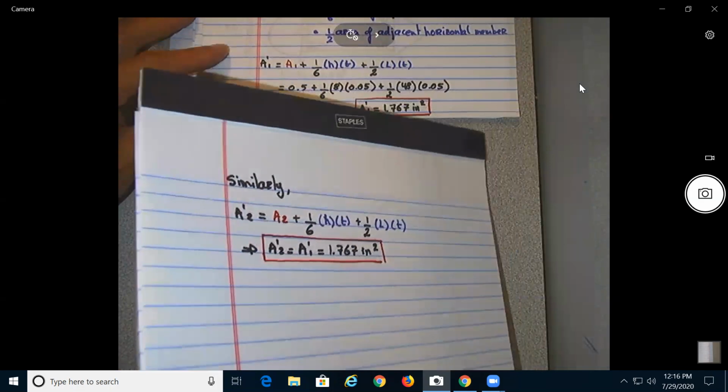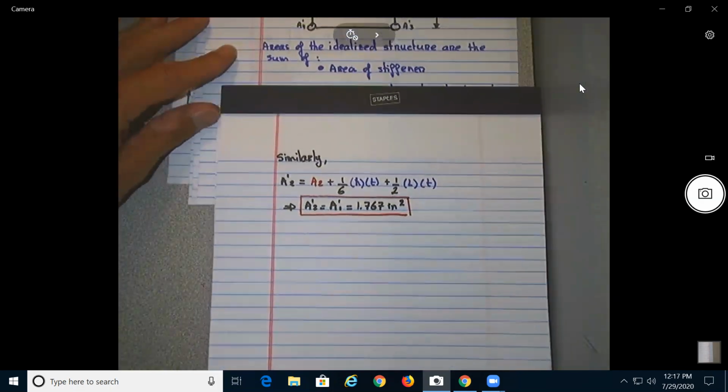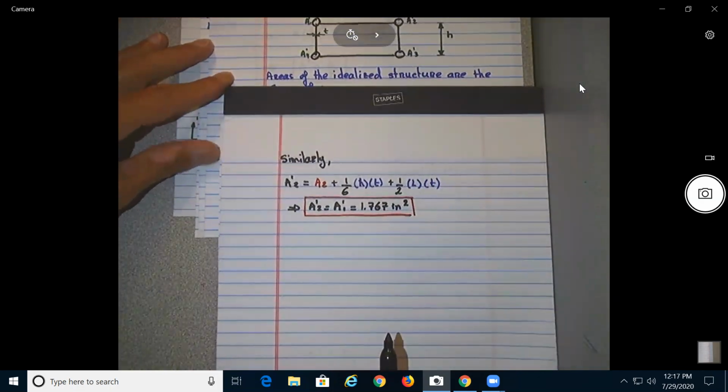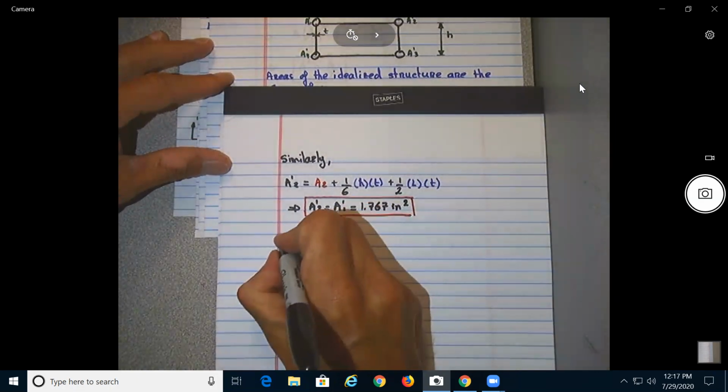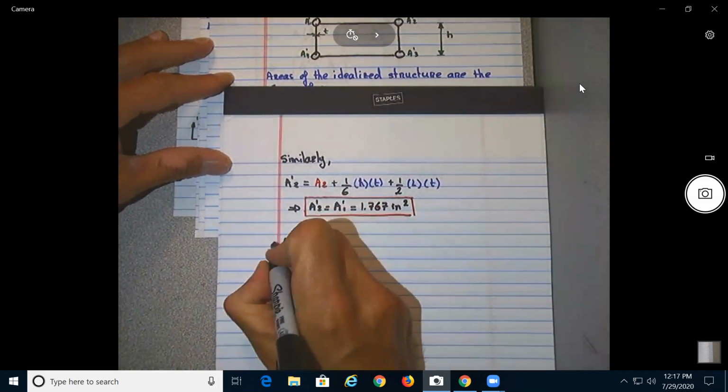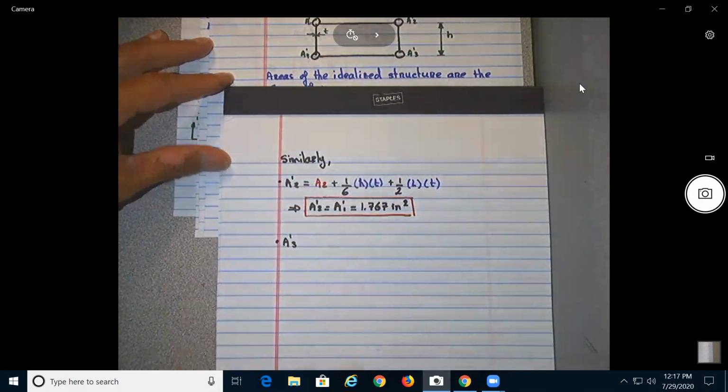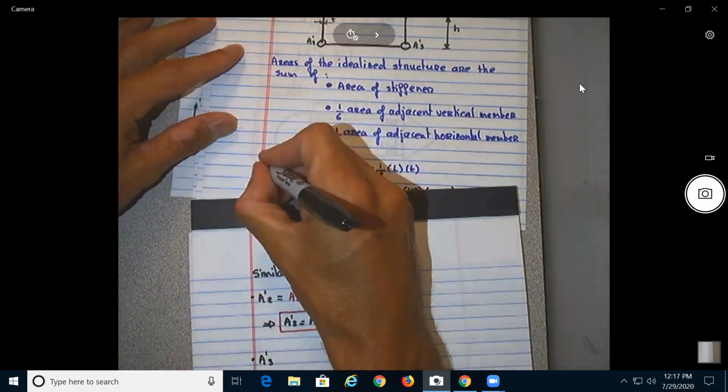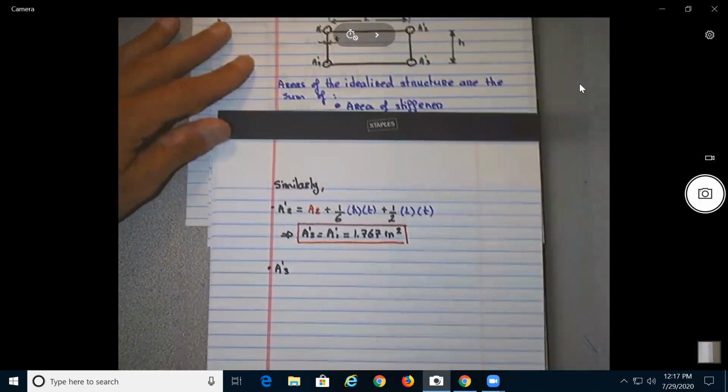Okay, so now it would be kind of the same again. What would be A prime 3? A prime 3 should be equal to what?